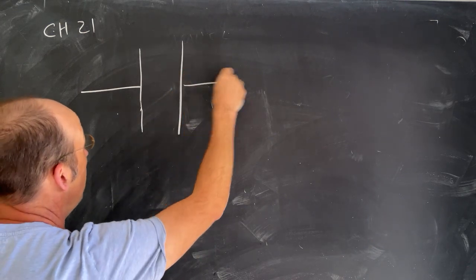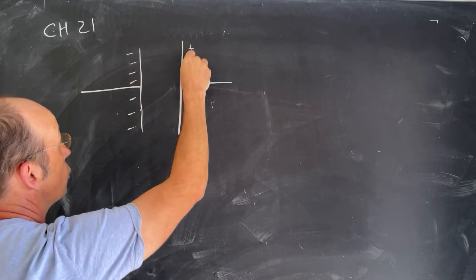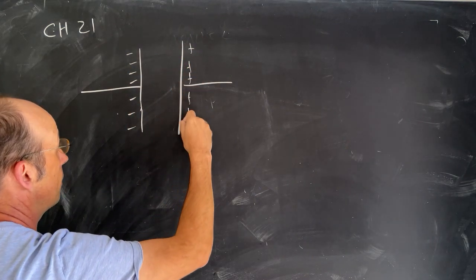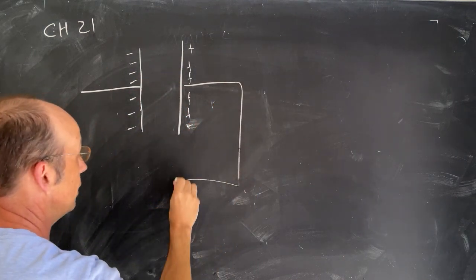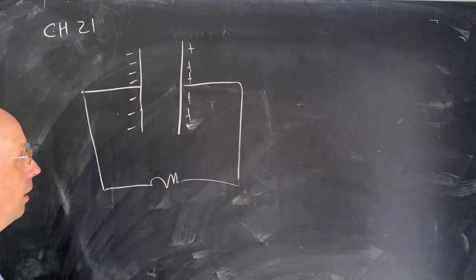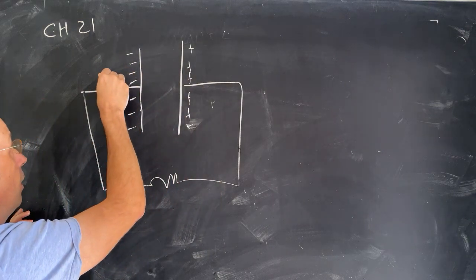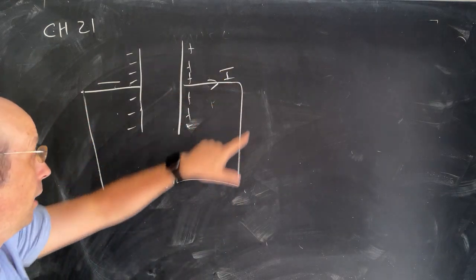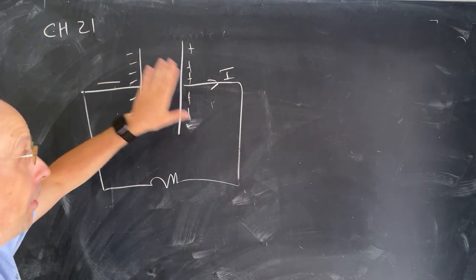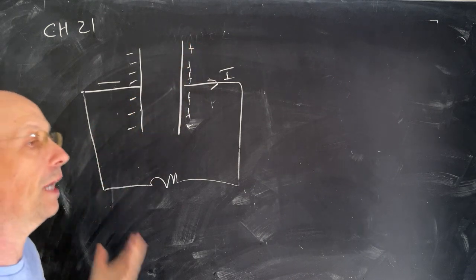Suppose I have negative charge on my capacitor right here and positive charges over there. Well, if I connect this to a resistor, which we will do later, the negative charges over here are going to move this way. So I'm going to have a current going this way, running through this. But that current means that this charge is going to decrease, and so it won't last forever.